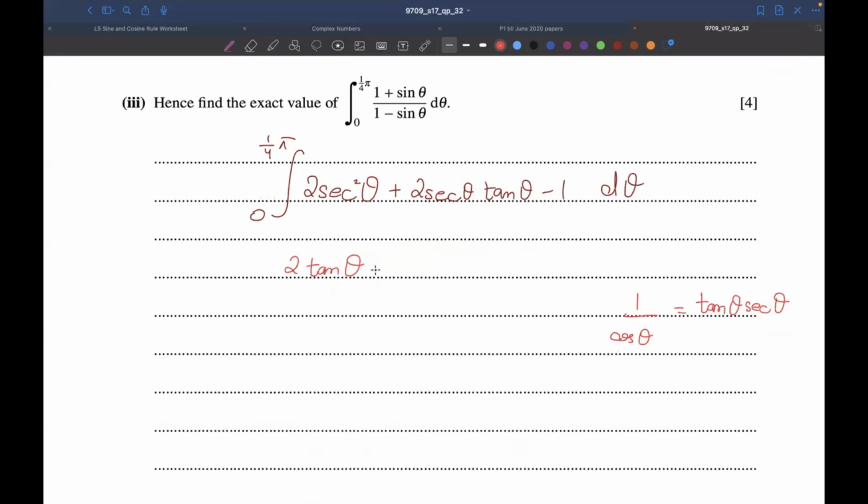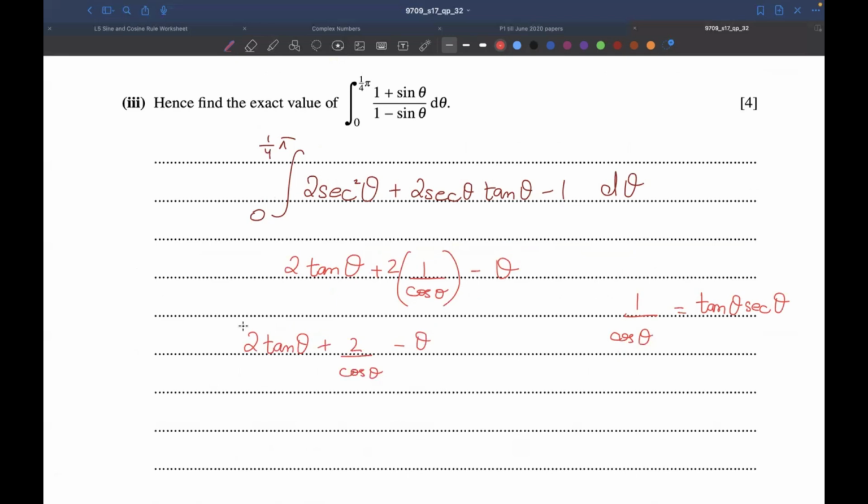So keeping 2 as constant, the integral of tan theta sec theta should become 1 upon cos theta, and the integral of minus 1 should become theta. So now we have the integral, which is 2 tan theta plus 2 upon cos theta minus theta.